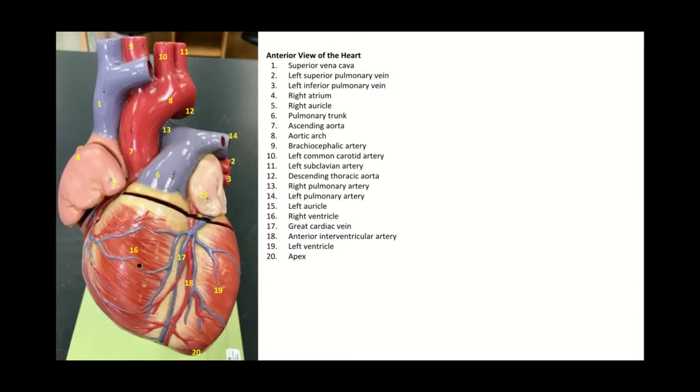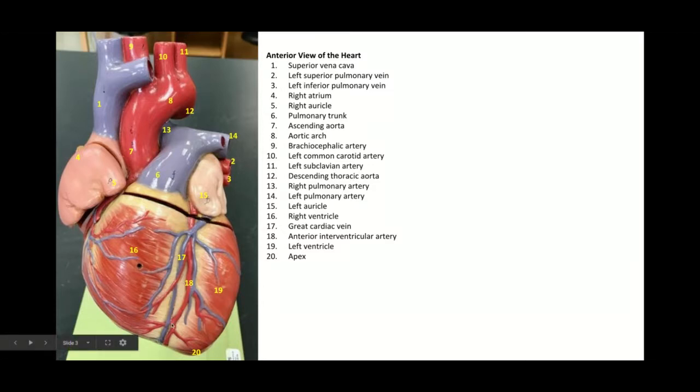The other feature which you have in the anterior surface of your heart is a groove or a sulcus which you have here. This groove or sulcus is called anterior interventricular groove or anterior interventricular sulcus.